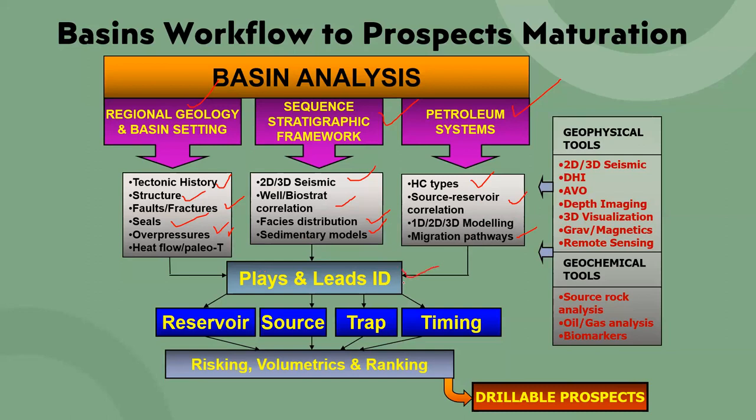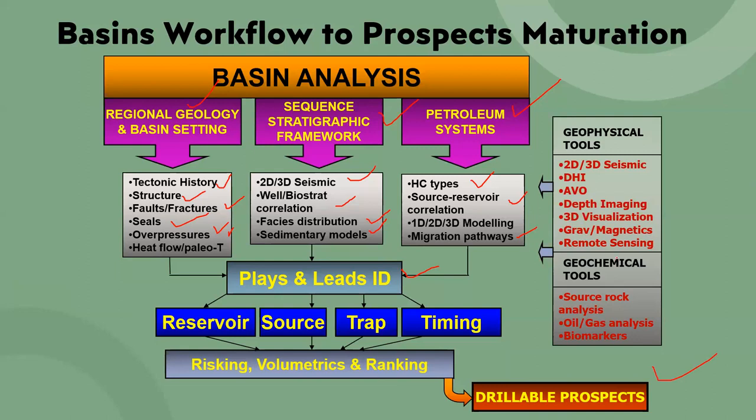Let's say this is still not the prospect, but you will come up with the play or lead. Then again you look at the reservoir, source, trap, and timing. Then you have the risk, volumetrics, and ranking of this area. After all this, you will go for the drilling prospect.